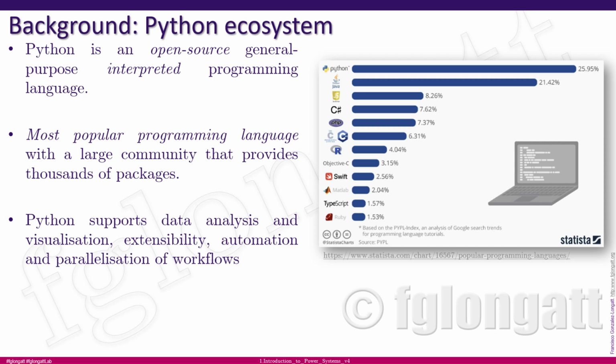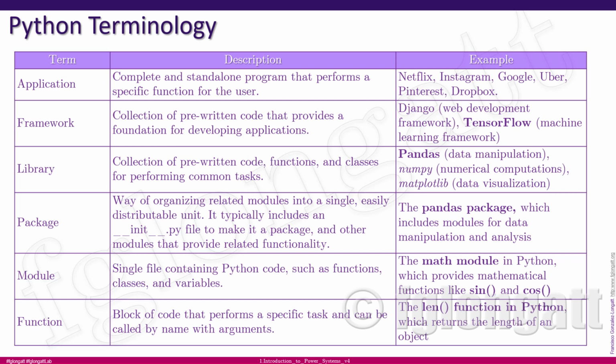So before we move forward, I need to tell you something about the terminology. Inside Python, we have at least 6 different terms that are very, very important. In this table, the bottom one, function, is probably the lowest level, and you can see that the function is basically a block of code. But this block of code is dedicated to performing a very specific task.